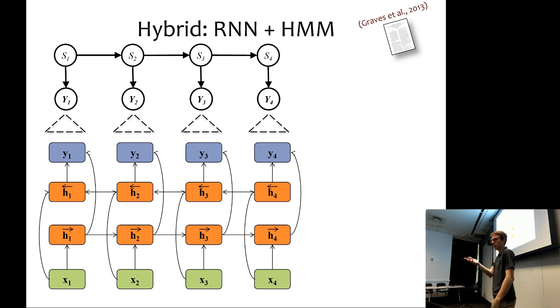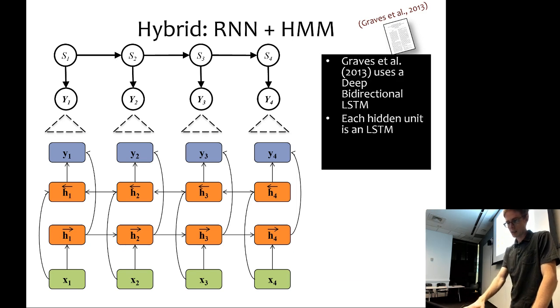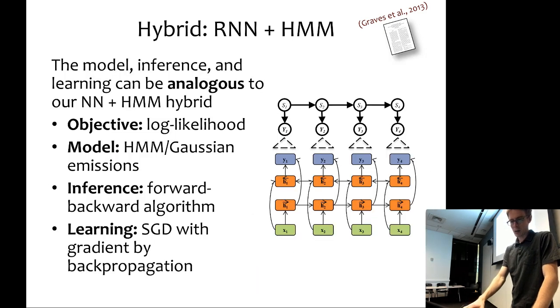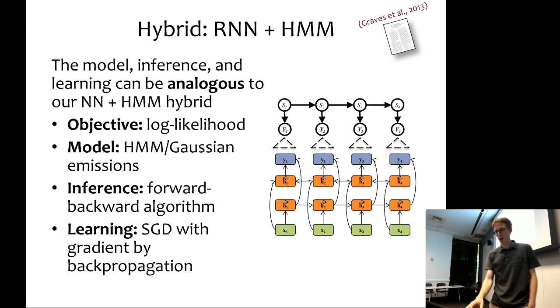And that would be the case where we're explicitly modeling some conditional distribution of the states given the Y's. So anyway, in this case, the model inference and learning can be sort of analogous to this neural net HMM hybrid that we just looked at, where the objective function is log likelihood, the model is this combination of HMM with Gaussian emissions, inference is forward-backward, and learning is stochastic gradient descent with backprop.